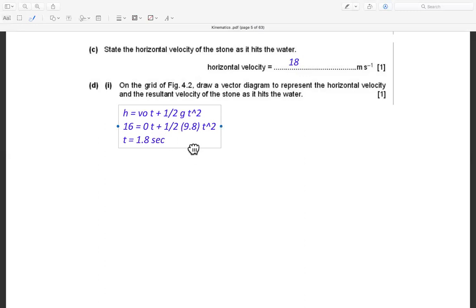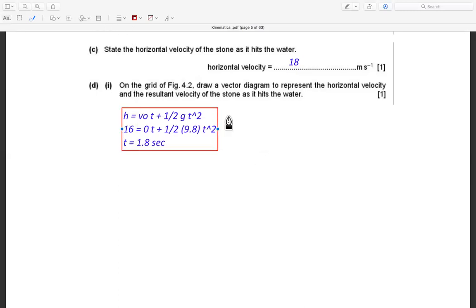So we will find our velocity when it hits the sea level. v equals v0 plus g t, and then this is v on the y, Vy. So v0 is 0 on the vertical direction, g is 9.8, and then t is 1.8.